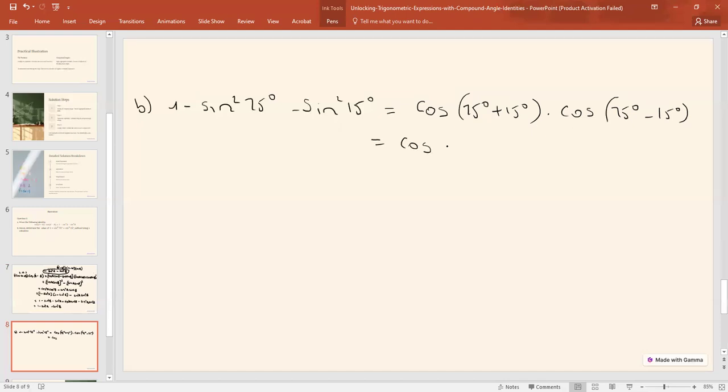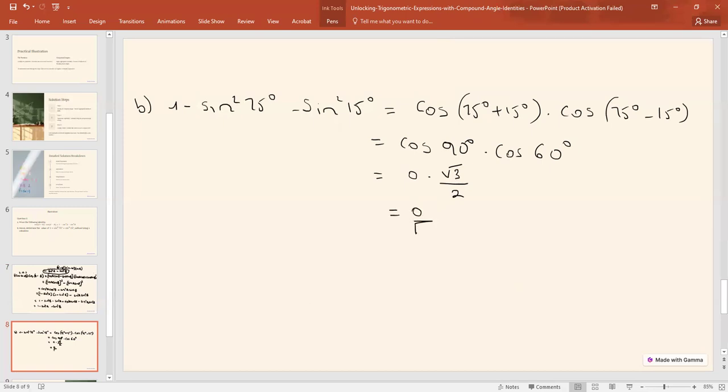This is equal to cosine of 90 degrees times cosine of 60 degrees. Remember our special angles: cosine of 90 degrees is 0. This is 0 times cosine of 60 degrees, and your final answer is 0.